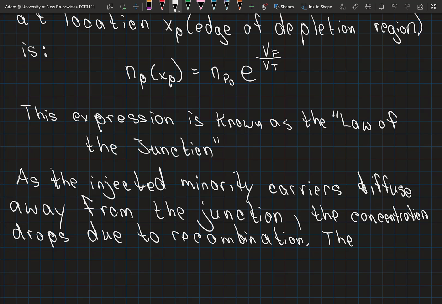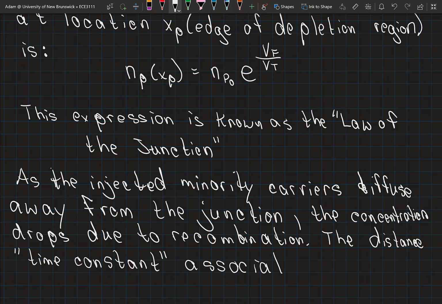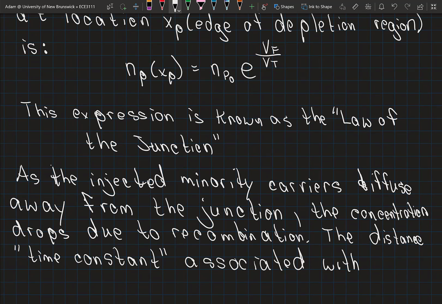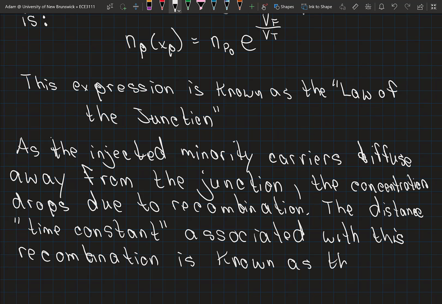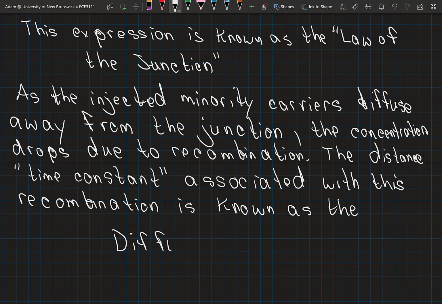Okay, the distance time constant, so if we relate the recombination to a length or a distance, that distance associated with this recombination is known as the diffusion length, L subscript n.